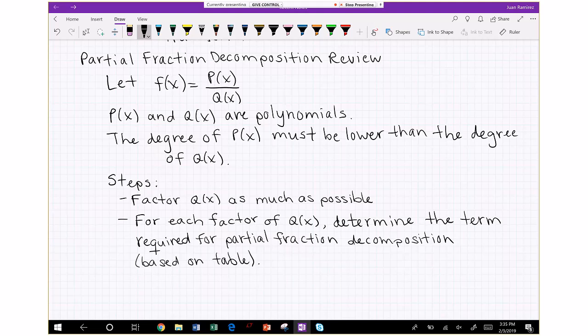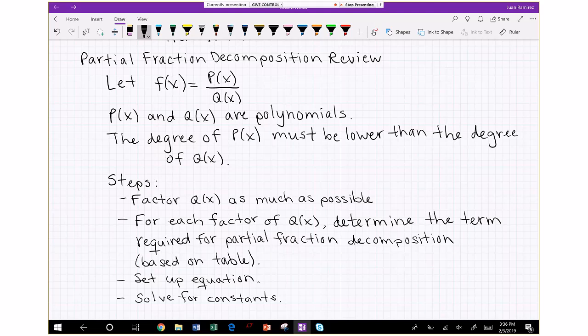Okay, so once we've determined that term for each factor, we're going to set up the equation. And lastly, we will solve for constants. All right. So first of all, let's look at that table.